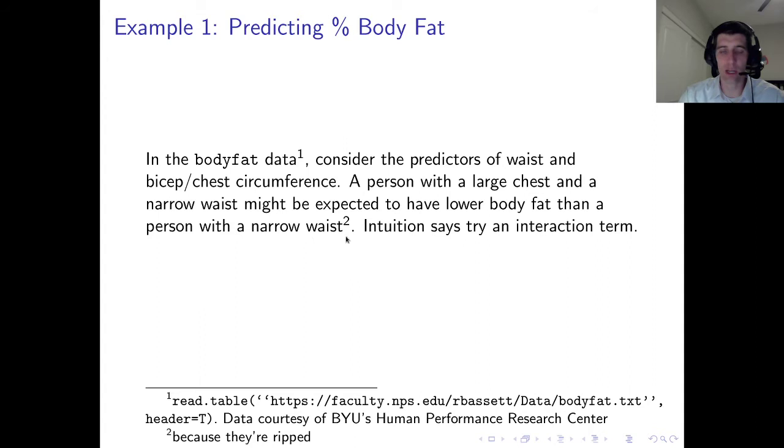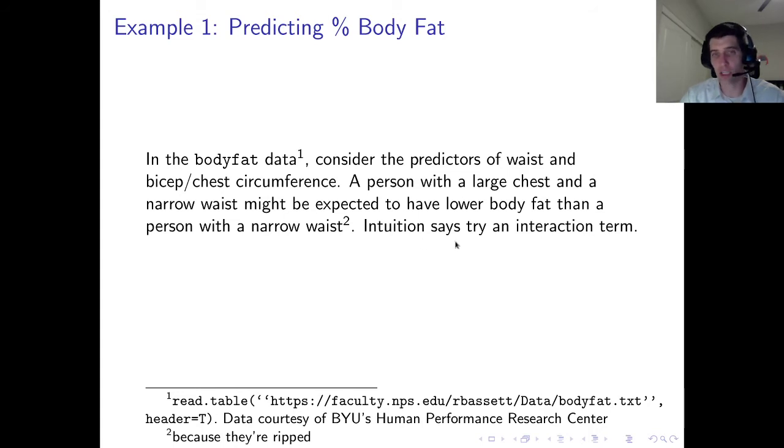Well, they could have a narrow waist because they're in shape, or because they just naturally run a little thinner, but they're not necessarily in good shape, right? So in that sense, I'm thinking, okay, well, I could try an interaction term, because large chest paired with narrow waist tells me something potentially different than just a narrow waist.